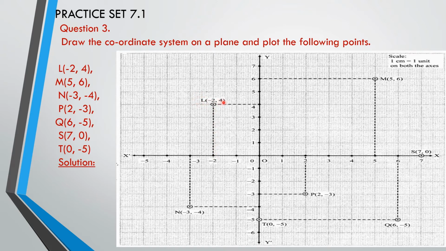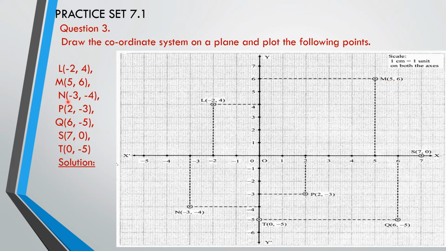And your second coordinate is M of 5 and 6. That means the x coordinate is 5 and the y coordinate is 6. Same method, the point of intersection of the lines parallel to the x-axis and y-axis is the coordinate M of 5 and 6.